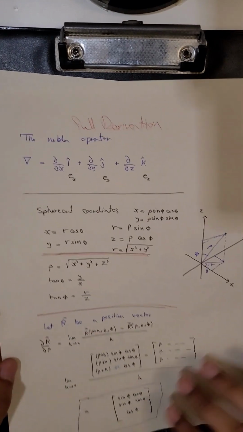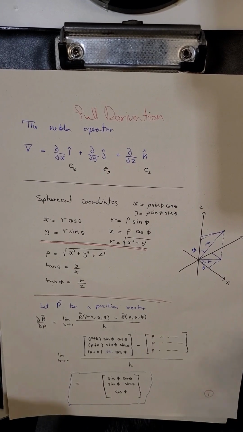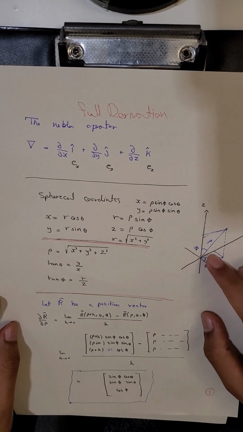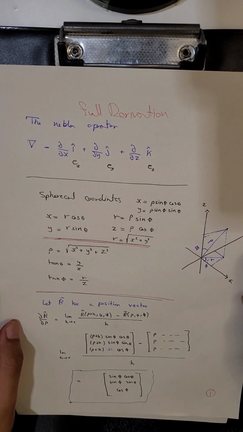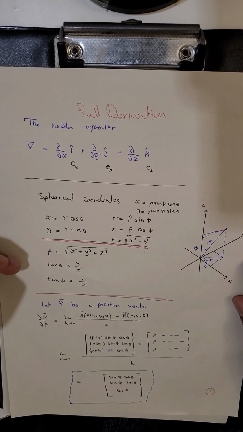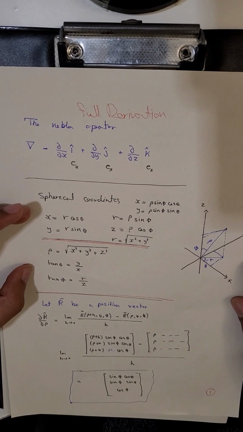So we first need to find the basis vectors for our space. We're going to be doing the derivations for spherical coordinates, and I use theta as the angle with the x-axis and phi as the angle with the z-axis, and rho as the distance from the origin, the radial direction. And you have the equations right here relating the variables.